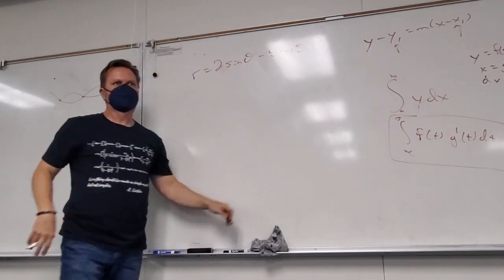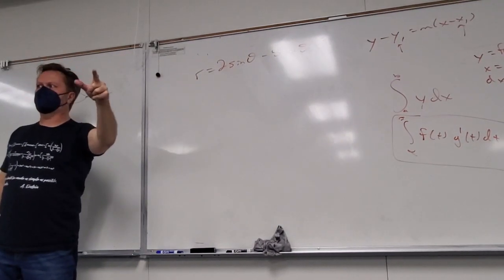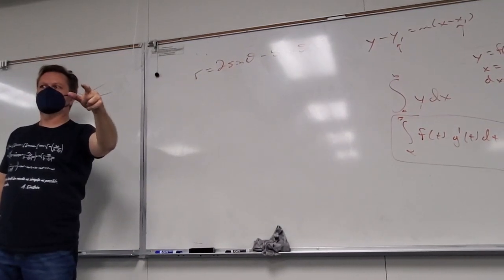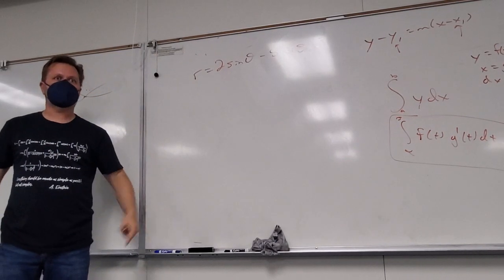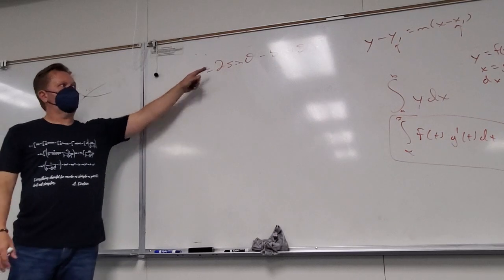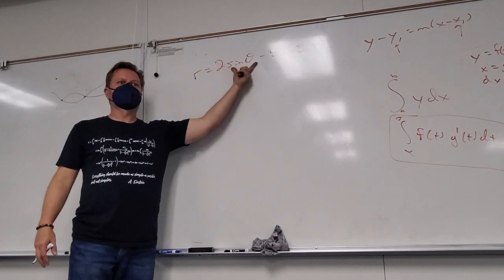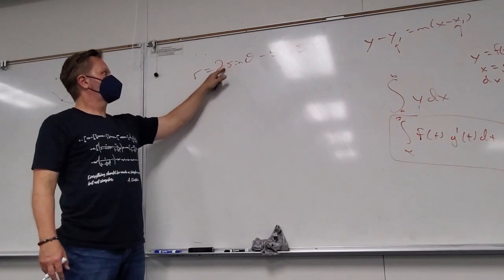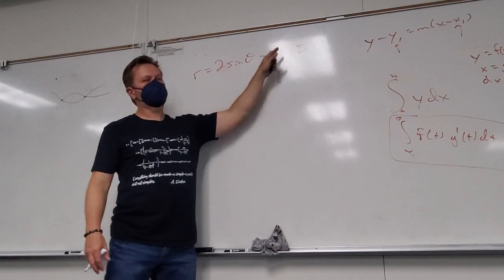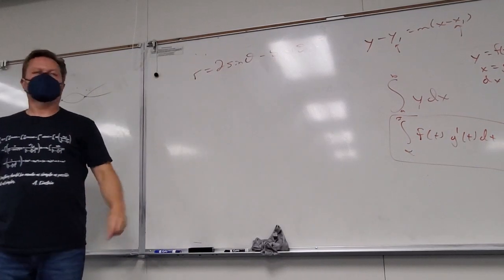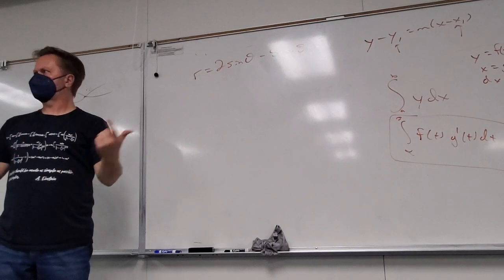R by itself is bad, because what's r squared? X squared plus y squared. R by itself would be the square root of x squared plus y squared. That's not nice. Do you want to square both sides and FOIL this out? No. What do I wish was in front of the sine? R. What do I wish was in front of the cosine? R. So I wish this was r squared, and I wish there was another r on that side, so multiply both sides by r.